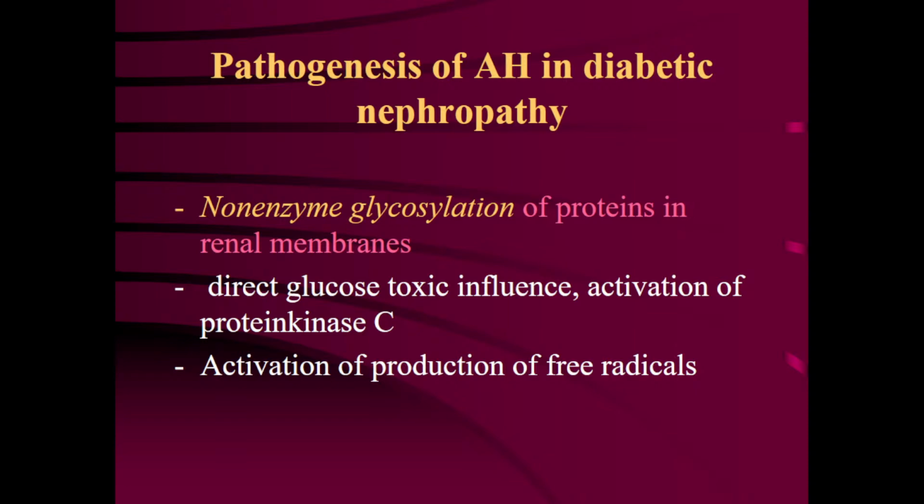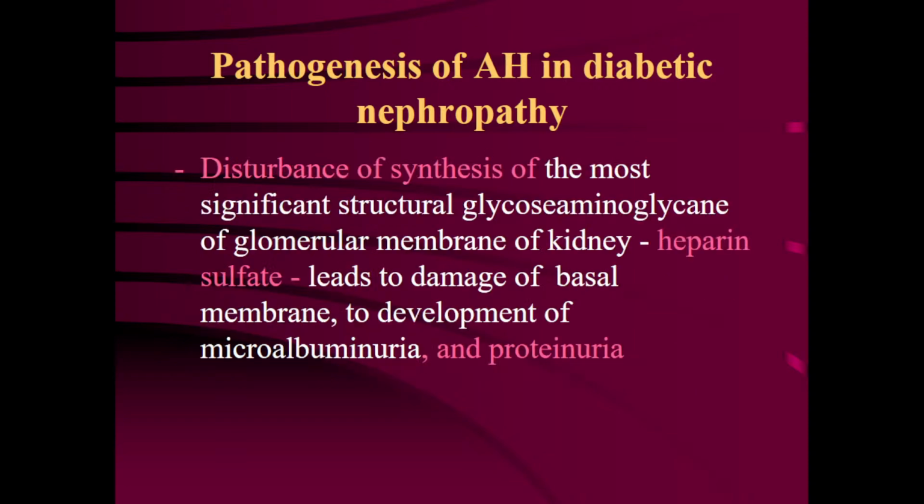And we should remember about direct glucose toxic influence, activation of protein kinase C, activation of production of free radicals, and disturbance of synthesis of the most significant structural glycosaminoglycan of glomerular membrane of kidney. Such substances, heparan sulfate, lead to damage of basal membrane of nephrons in both the patient's kidneys, and to development of microalbuminuria and later proteinuria.